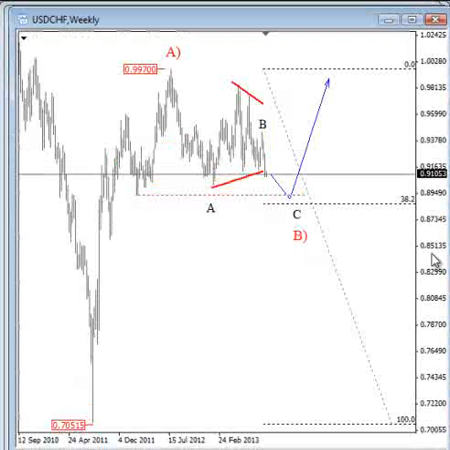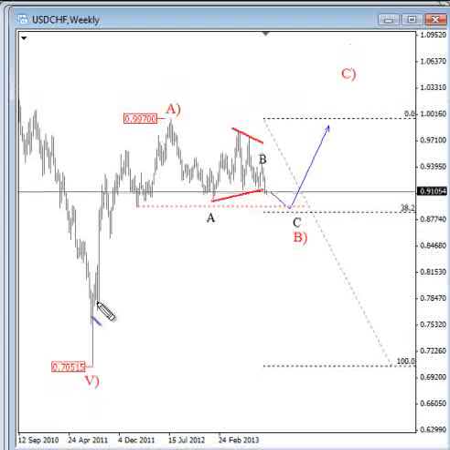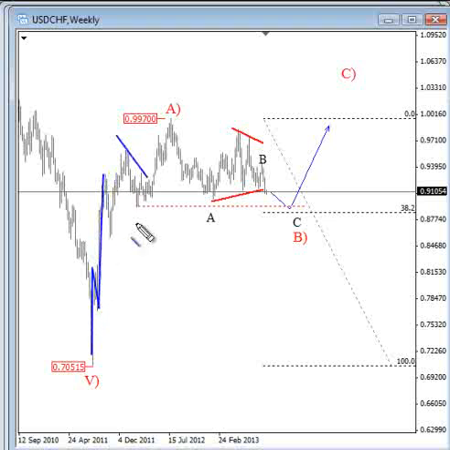So I prepared another wave count, which suggests that this was a wave 1, wave 2 pullback, then wave 3, corrective, actually triangle pattern in wave 4, and then this was a wave 5 push higher that completed this impulsive rally in wave A. So if that's the case, if this is the count, then we are now in a three wave retracement.